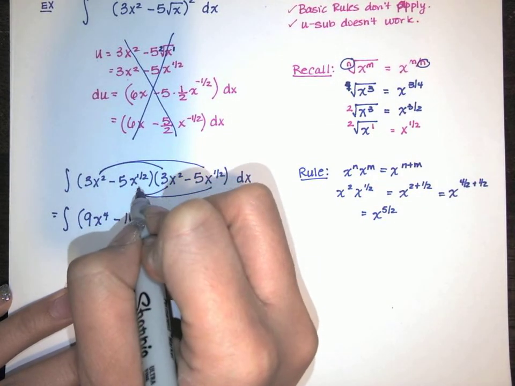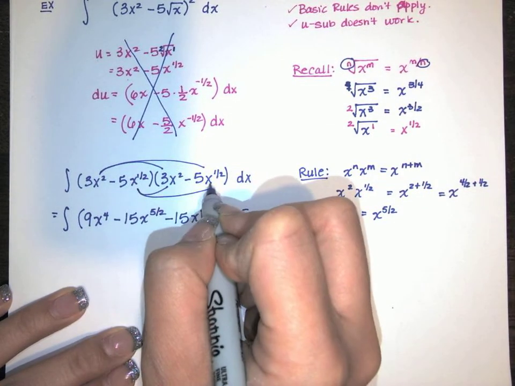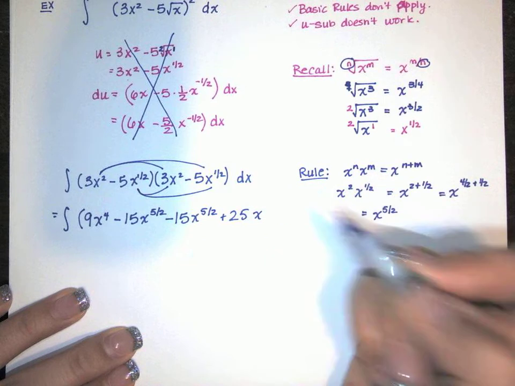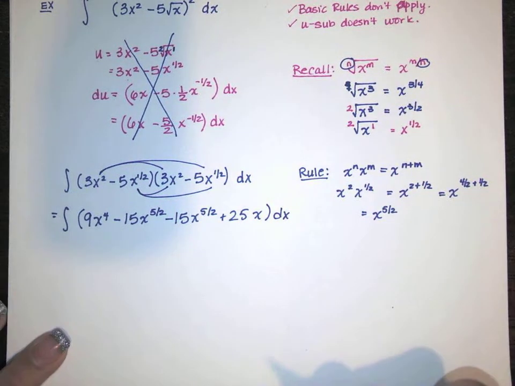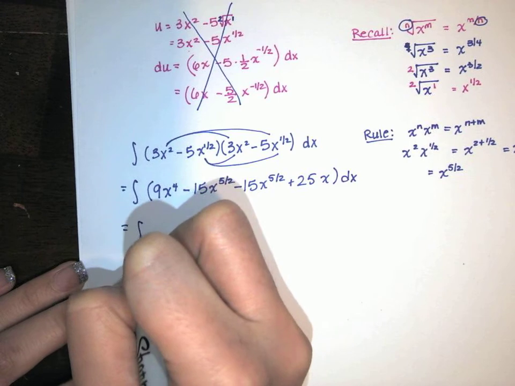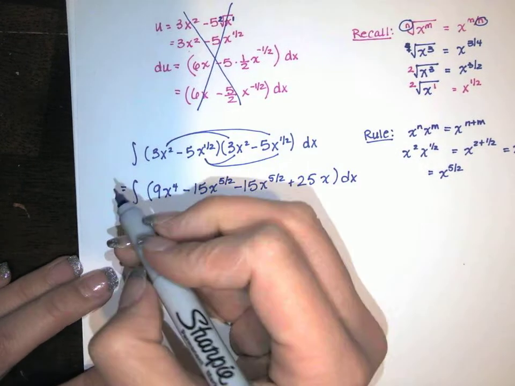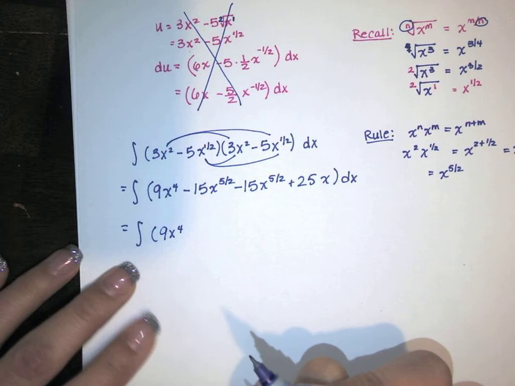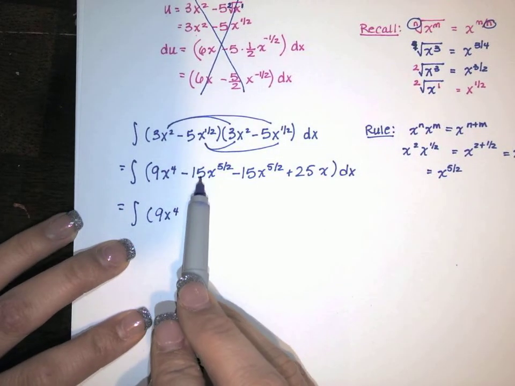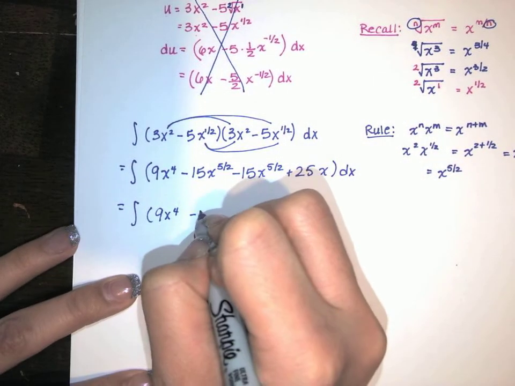And then you add the exponents here. X to the 1/2 times x to the 1/2. 1/2 plus 1/2 is just 1. So we get that. And then we've got a couple of like terms there. It's always going to happen. When you square a binomial, you'll have some like terms. Negative 15 minus 15 is negative 30.